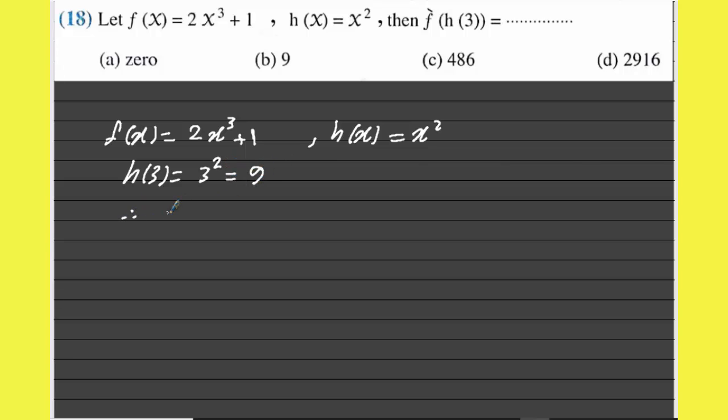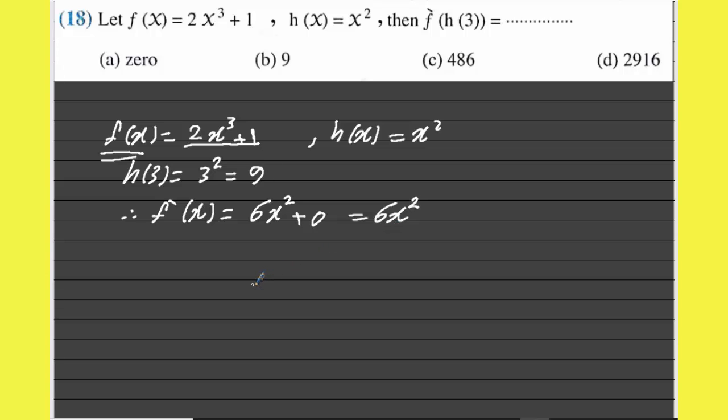Then f dash of x: the derivative of 2x power 3 is 6x square, plus 0, which equals 6x square.